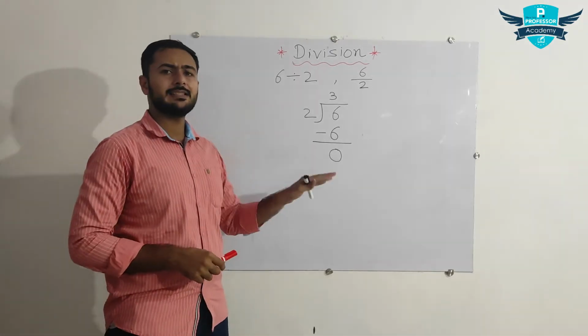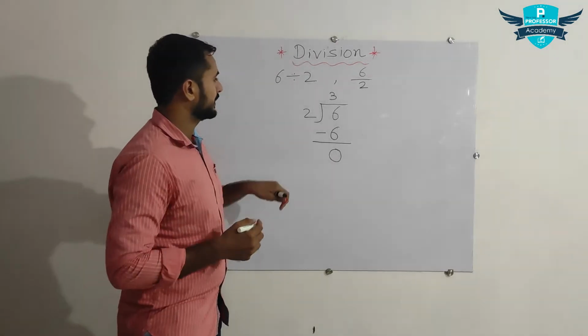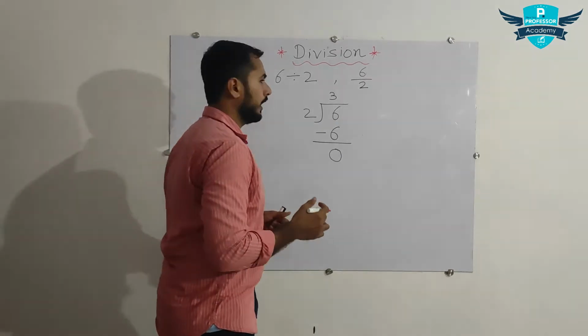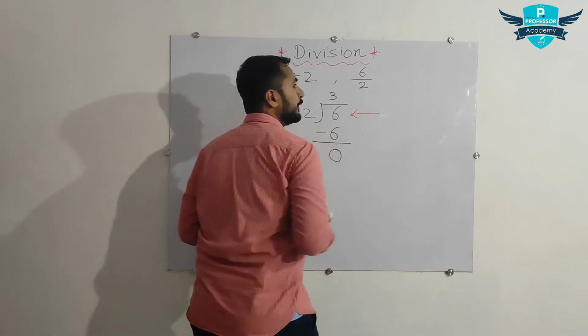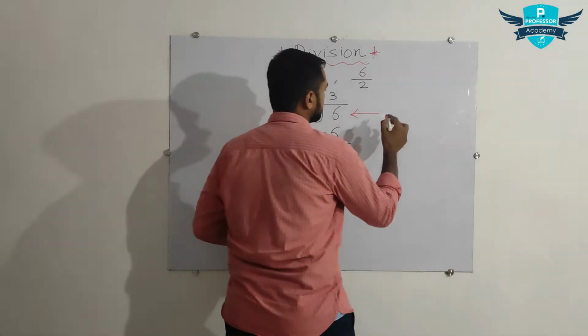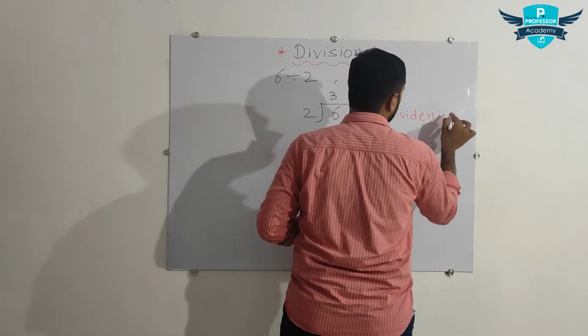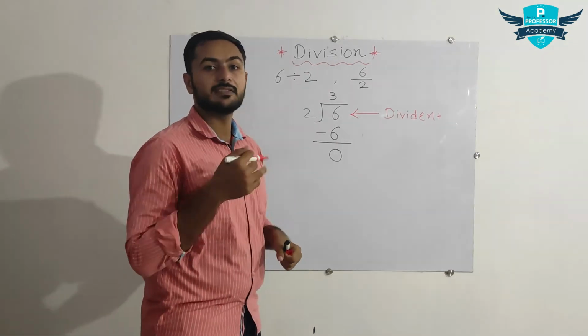Now, in division, there are particular notations for the different numbers. Whatever the number which is inside the box, actually the one we divide, is known as the dividend. The number by which we are dividing is known as the divisor.